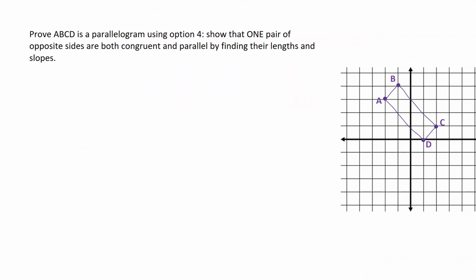Okay, now we went over the one on angles, and we've gone to option 4, which is to show that one pair, so you're going to pick one set of sides, and show that they're both congruent and parallel. I'm going to use AB and CD. So first I'm going to find their slopes.